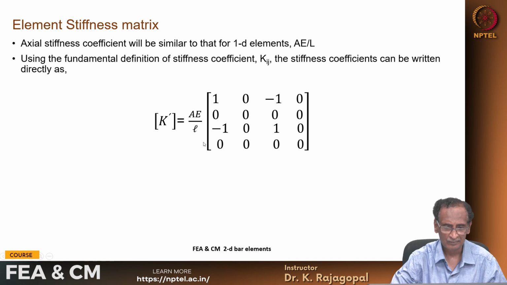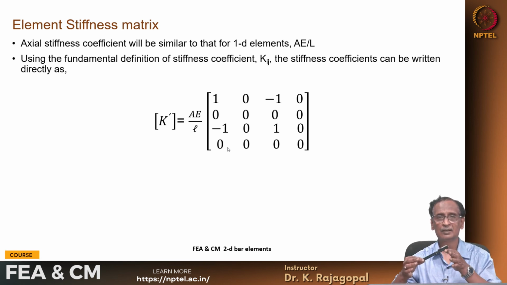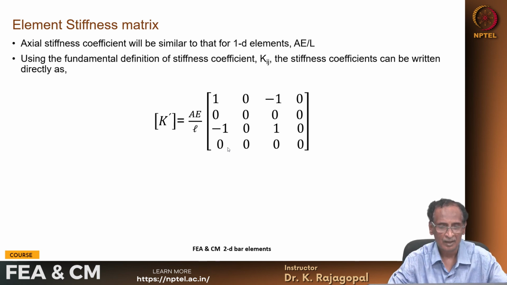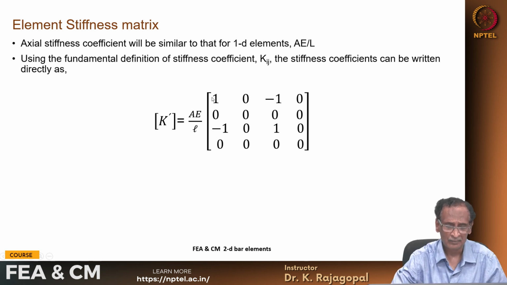These zeros correspond to shear deformations, because if you apply any shear deformation, this element will not produce any shear forces because of the hinged connections, and if you apply any axial deformation, it will produce only axial forces and no shear forces. Because of that, we have too many zeros here.